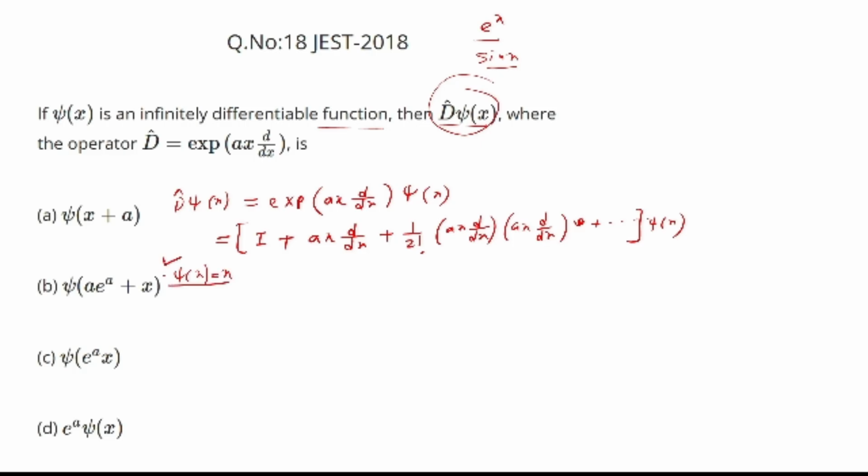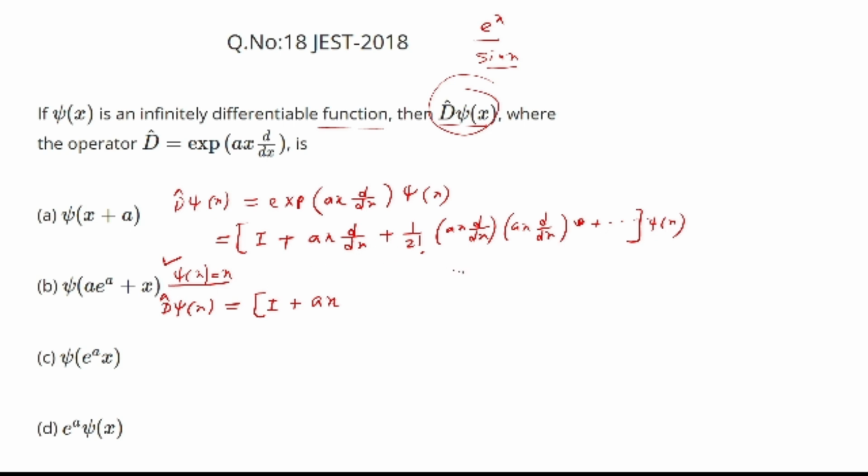Since it is an infinitely differentiable function, we have to take psi of x as an infinitely differentiable function. So let's take psi of x as x. What will then be the expression? D psi of x, if we replace psi of x by x: I is there, then a x times the first-order derivative of psi, d psi/dx.